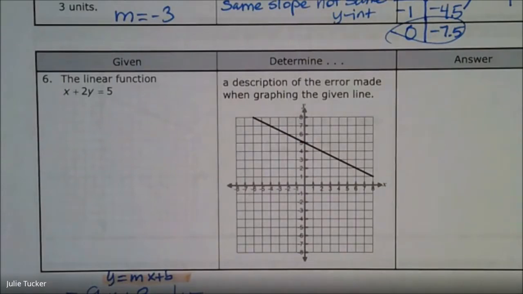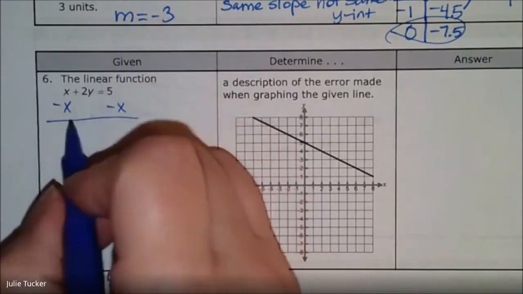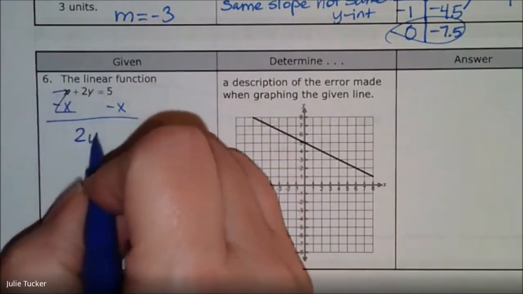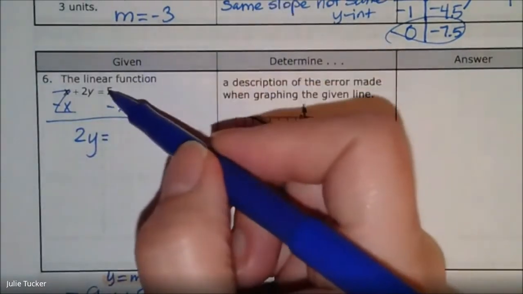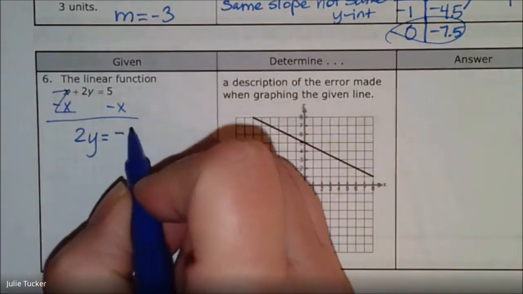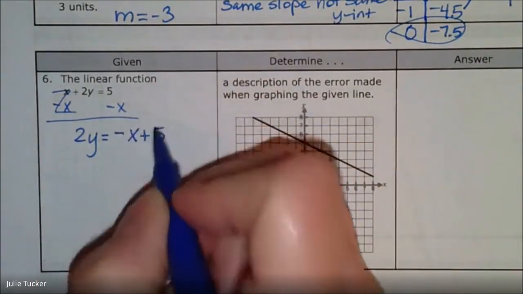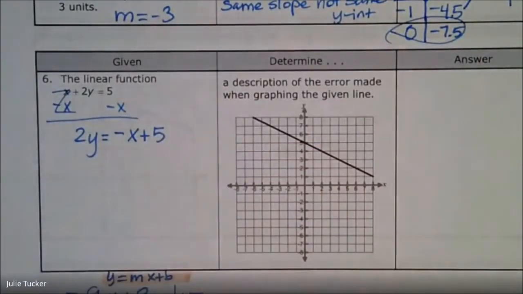So what do we get rid of first? The x. Then we have 2y equals. Now I could say 5 minus x, but on purpose, I'm going to write it this way, because I want mx plus b. So I need my x to come first, okay?